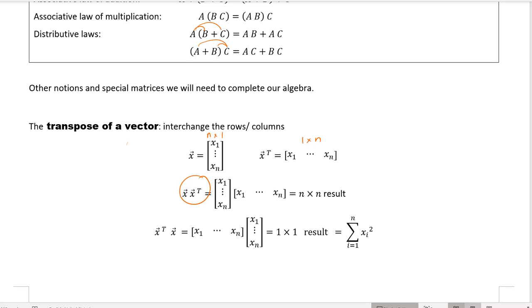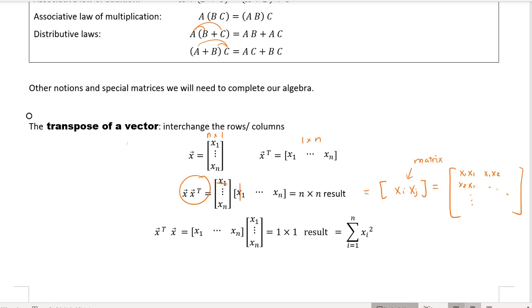We use row times column, so that's why you will see the result is going to be x_i times x_j. So this is a matrix. Here i and j go from 1 to n. And what it looks like is, well, x1 times x1 here, and then x1 times x2 there, and then etc. This is x2 times x1, etc.